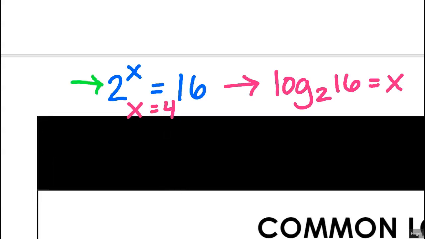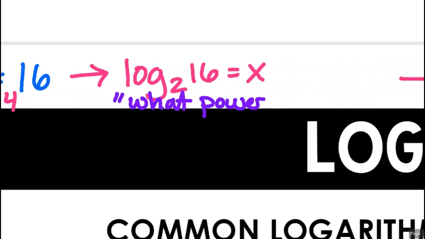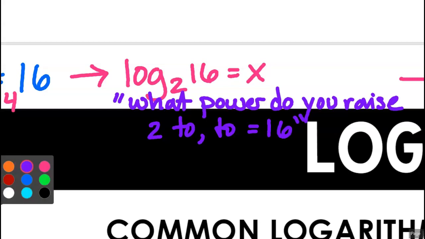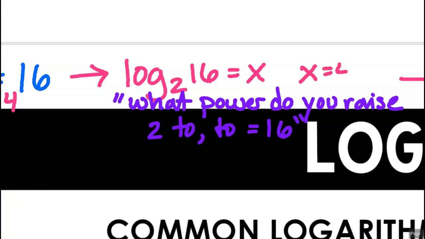It is immediately asking the question, what power do you raise 2 to equal 16? Your answer, just like in the previous problem, is 4. That's all a log is. It's asking that question. What power do you raise 2 to equal 16?